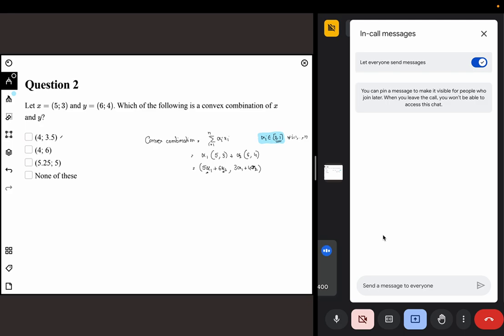For example, if you take the first solution, it goes something like 4 equals this, and 0.5.